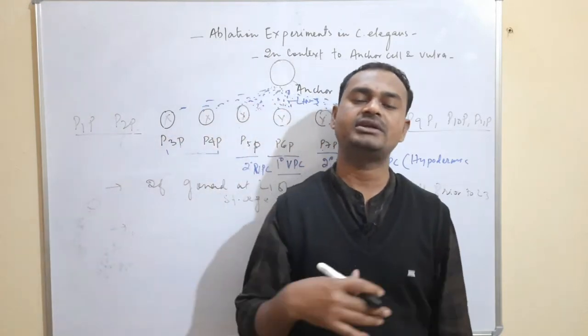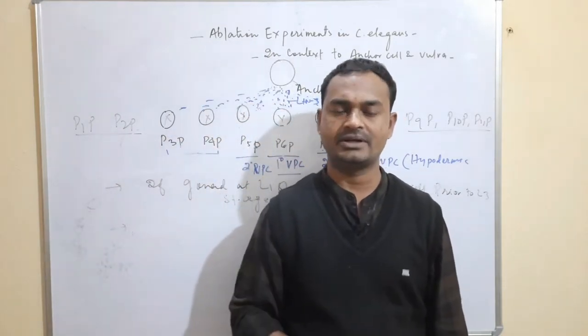If the gonad is absent, it is ablated, and the anchor cell is also ablated, then what will happen?